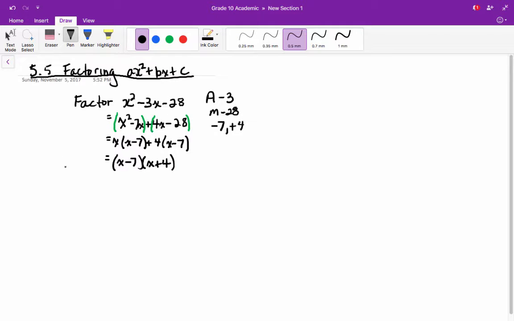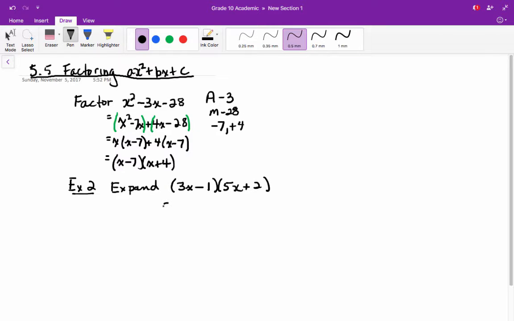Second example, so example 2. We're going to expand something that is going to give us some number in front of the x squared when we expand. So 3x minus 1, and let's say 5x plus 2.